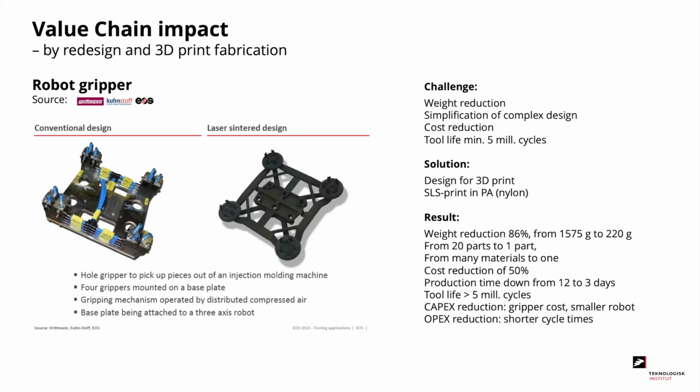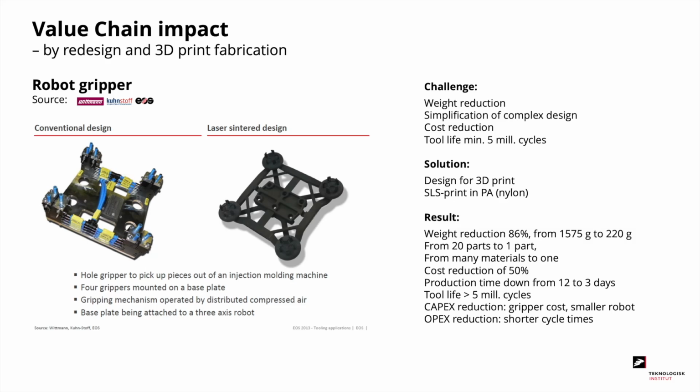The result achieved was a weight reduction of 86%, from 1575 grams to 220 grams, and a part reduction from 20 to 1 part, and from many materials to just 1. The cost was half, and the production time was down from 12 to 3 days, and a documented tool life of above 5 million cycles.